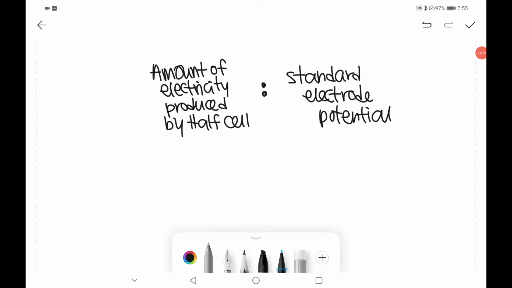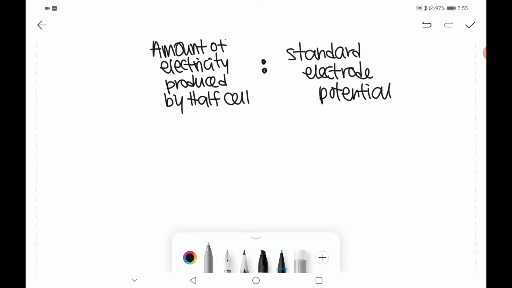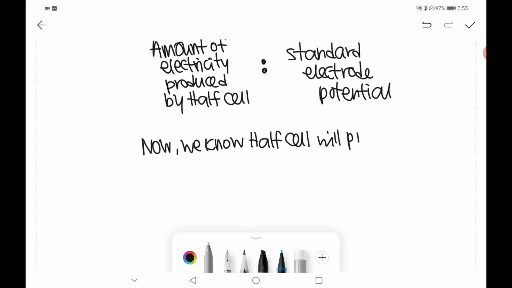All right guys, now we understand that the half cell will produce electricity, and the amount of electricity produced, we call it standard electrode potential.